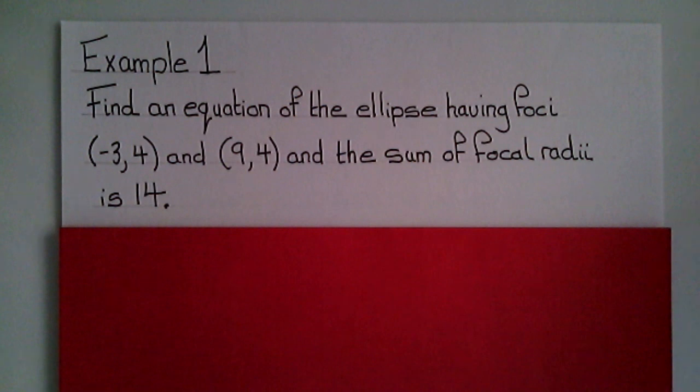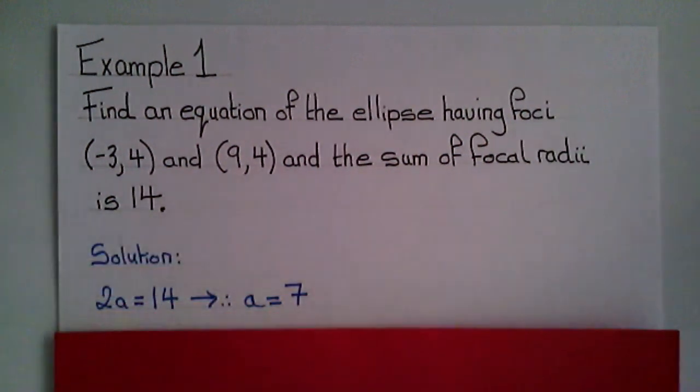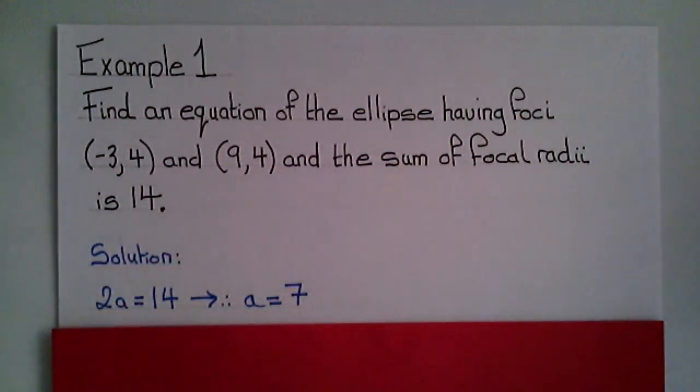Here, the information we're given is where the foci are and what the sum of the focal radii is. So straight away, you know what a is, because we know that 2a is equal to 14, therefore a is equal to 7, right? So here we have that little bit of information.